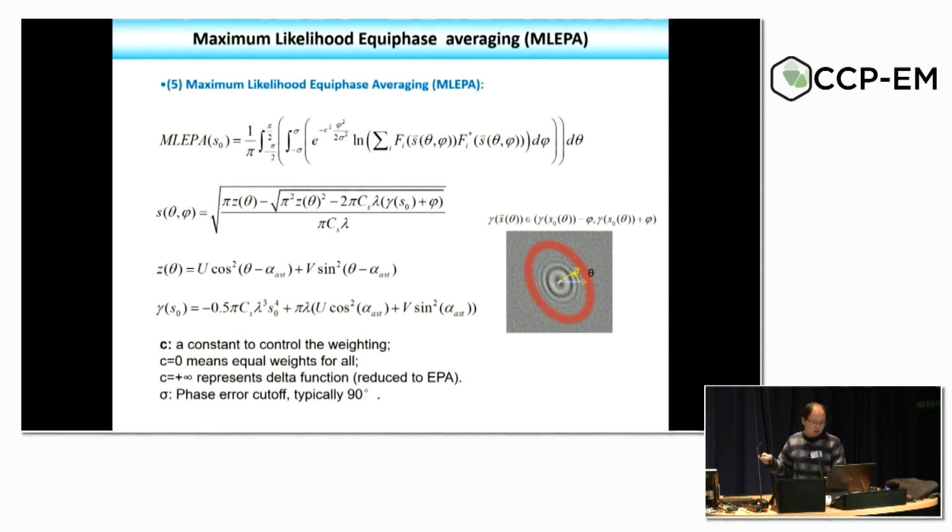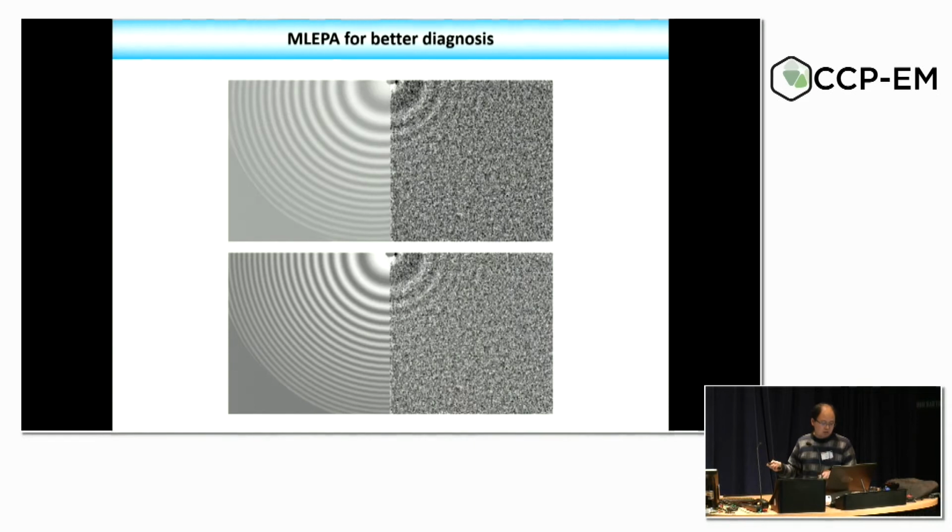And there is a parameter to control the averaging, like this constant. If it's 0, it's just equal weights for all the information here. If it's infinitely big, it's just a delta function and reduces to the general equal phase averaging.